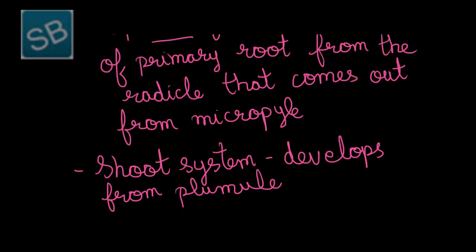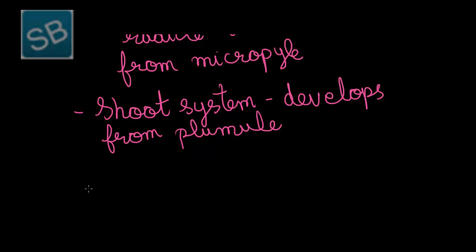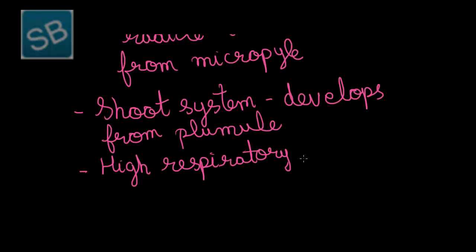In this manner, the three most important organs of the plant, that is root, stem and leaves, start developing and produce a new sapling from the parent plant. However, during this process, a high respiratory rate is maintained. This occurs due to the presence of sufficient oxygen within the seed.